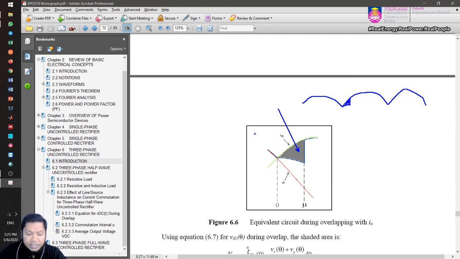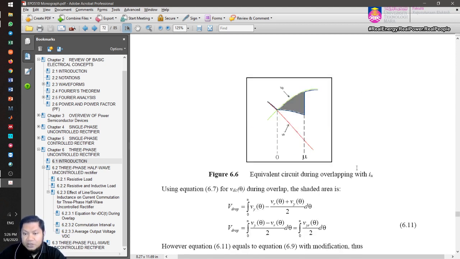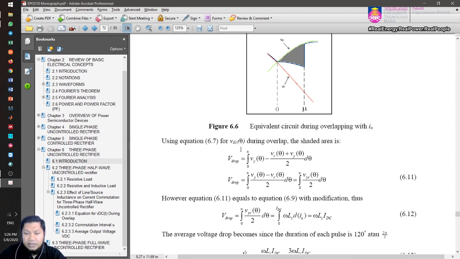Okay, so we just need to evaluate this small area here. You can do this with this equation. The V drop equals, we know that this is Vy, isn't it? So this is your Vy equation minus this waveform, to get the missing area.